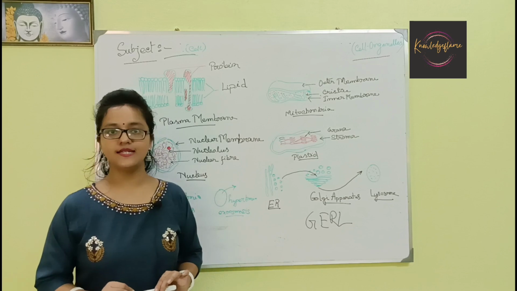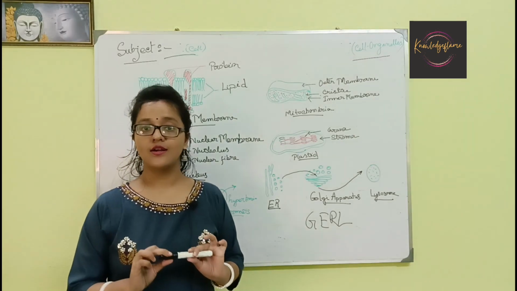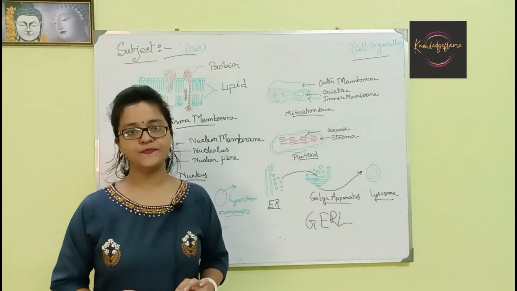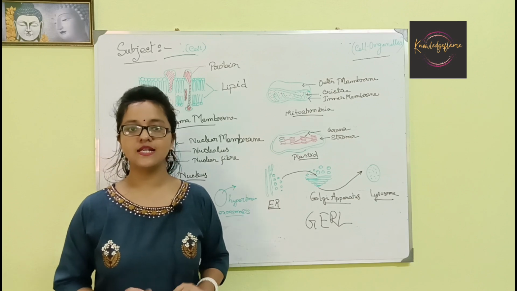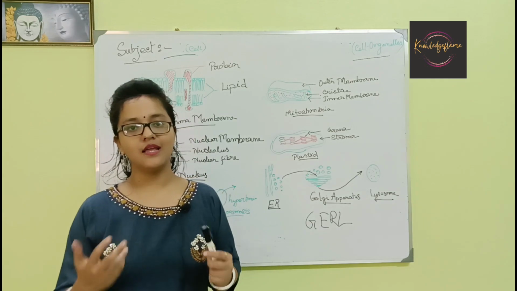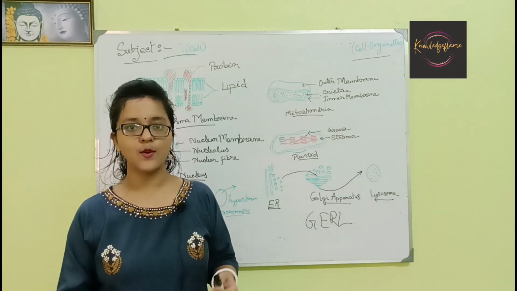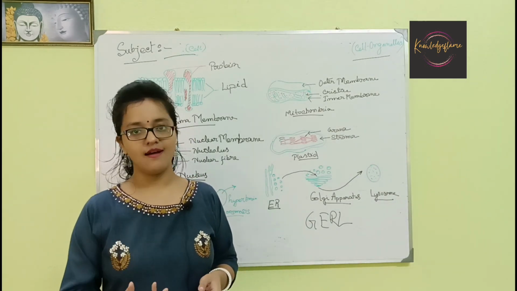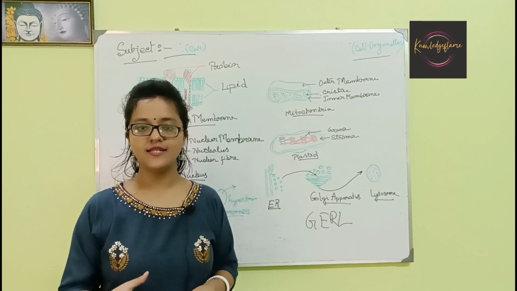When we can find carotenoid or xanthophyll as pigment, the plastid is chromoplast. On the other hand, if this plastid is responsible to store starch, then this is amyloplast.